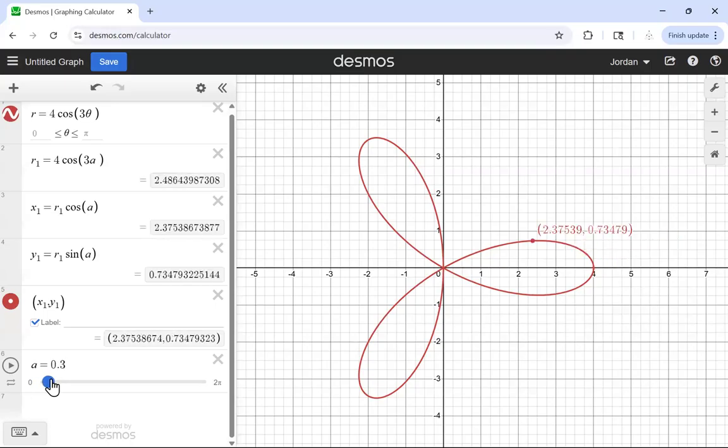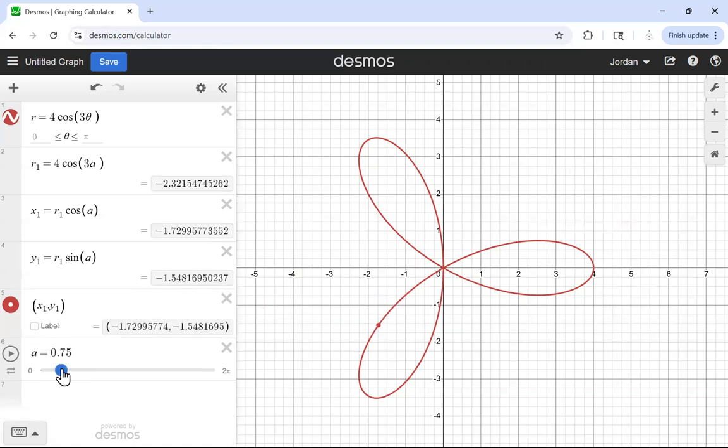So as I start increasing my theta, and I would use trace if I was using the TI-84, I see that somewhere pretty close to a theta of 0.54, we cross over the origin. This is A here. And then we keep going.